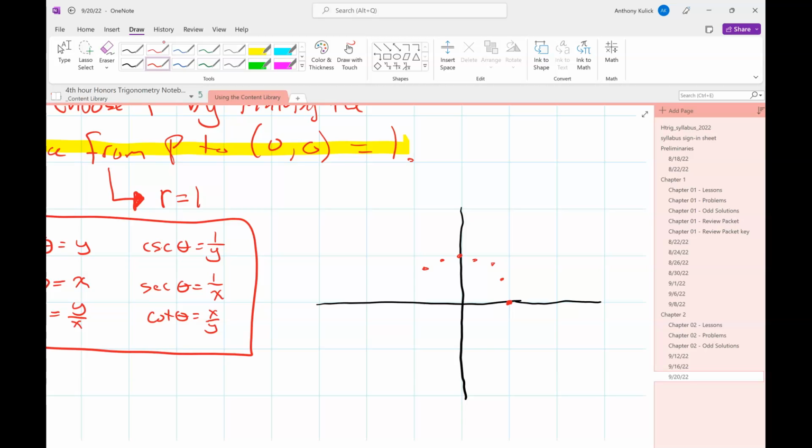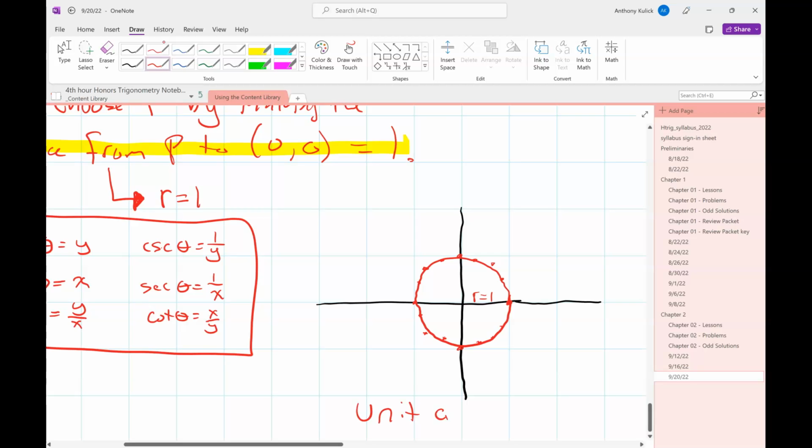I'm just kind of looking at what's going on. Does this look familiar? It's a circle. I see. And specifically, what's the radius of this circle? 1. So what do we call this thing?